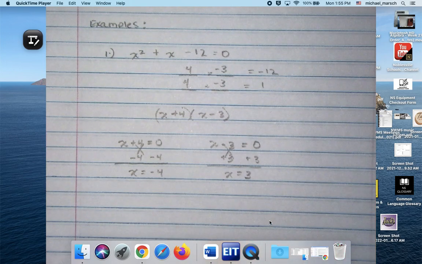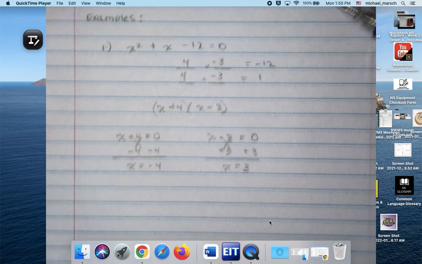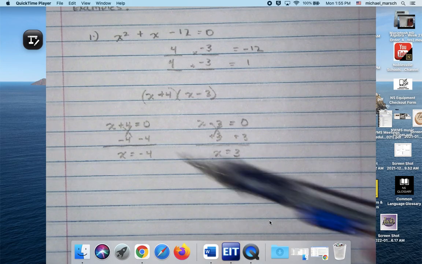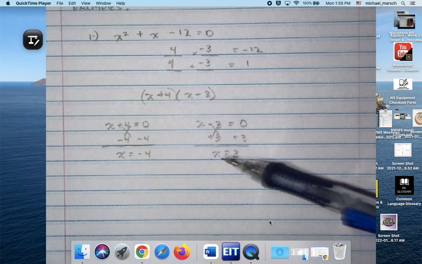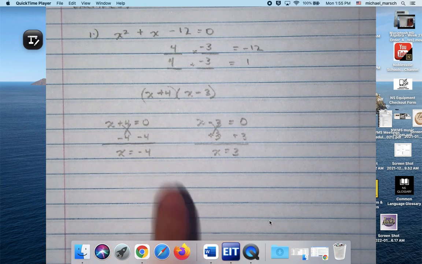X equals 3. So what do those values actually mean? If you notice up here where we talked about factoring completely, we said it would have an equal sign and answers will be a one-digit value. We have the equal sign and answers are a one-digit value. Okay? So what this means, and all of what we're doing, it's like one big puzzle we're putting together right now. So these are our x-intercepts.